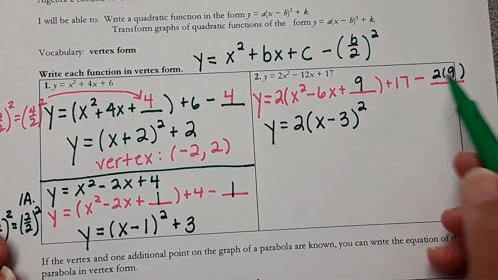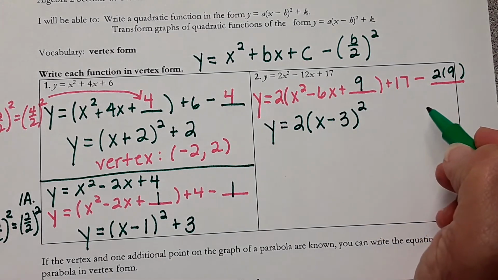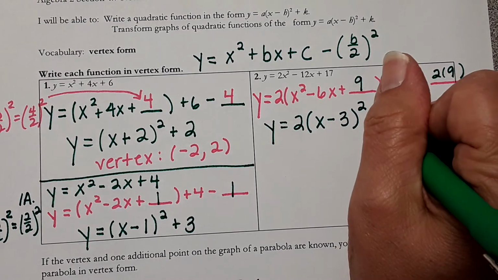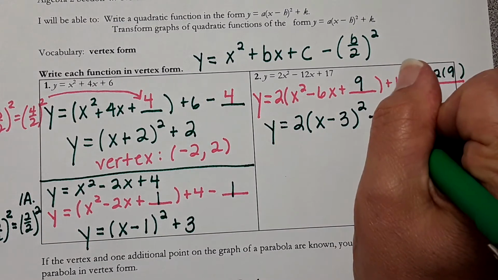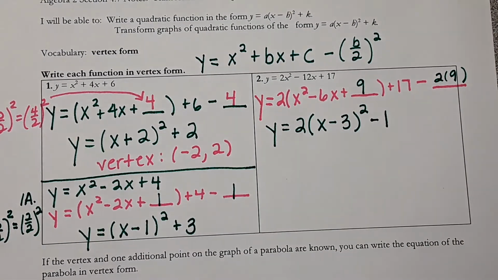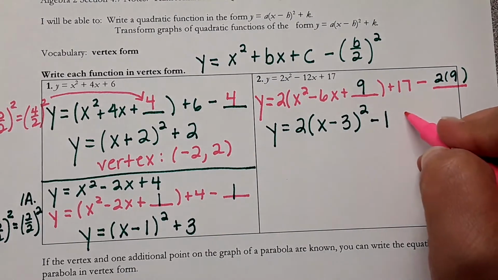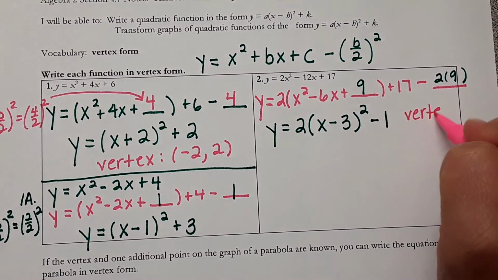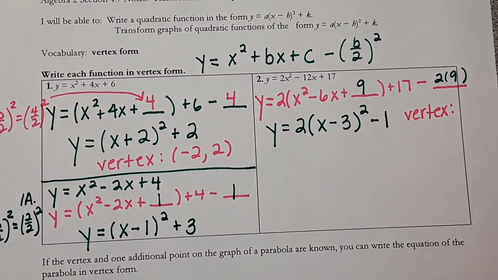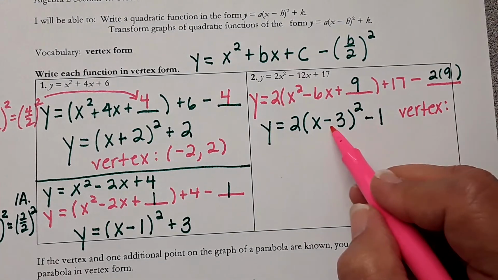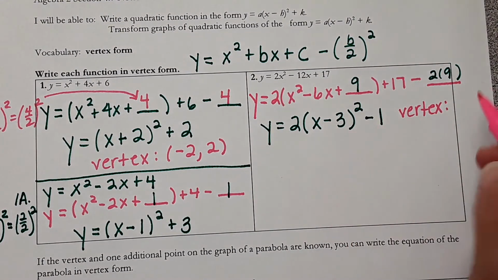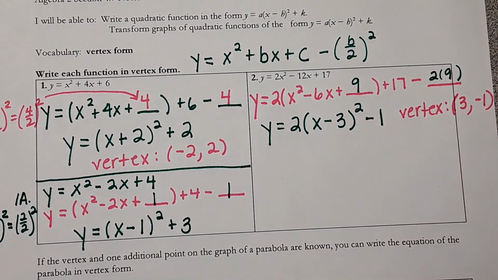And then 17 minus 18 is negative 1. My vertex would be, so if it says negative 3, I'm going to write positive 3, and then that one just stays negative 1. So that's your vertex.